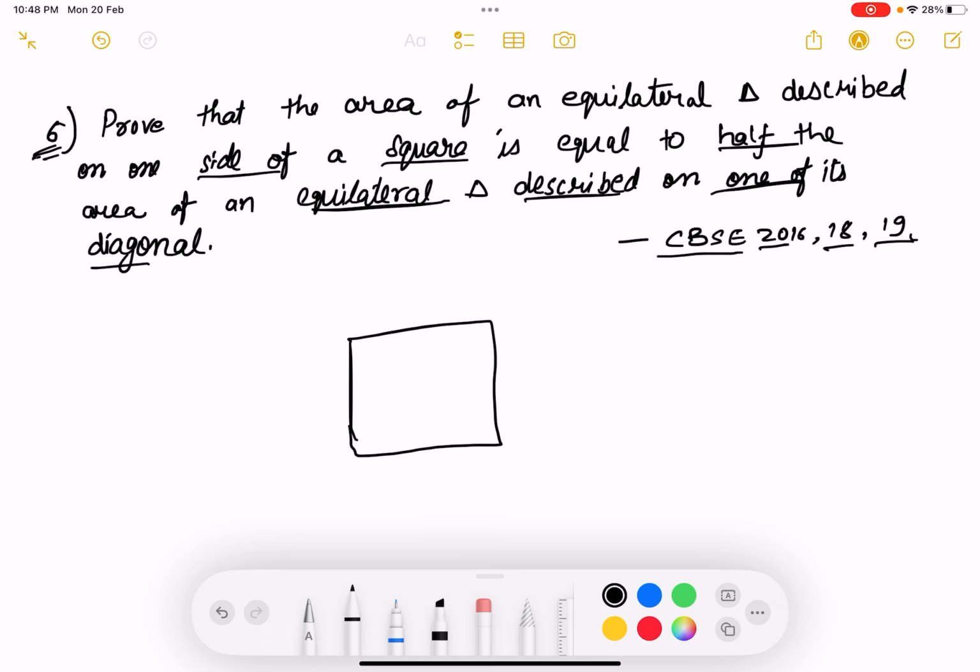Okay, let's name this square as A, B, C, D, and draw an equilateral triangle on one side of the square, and let's name this point as E. And an equilateral triangle on the diagonal.